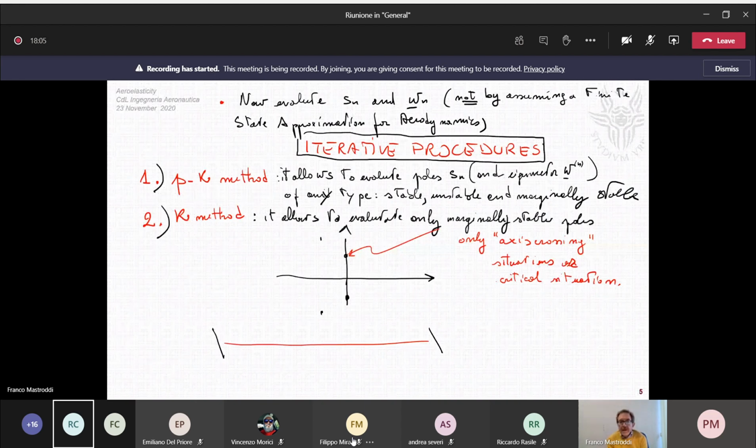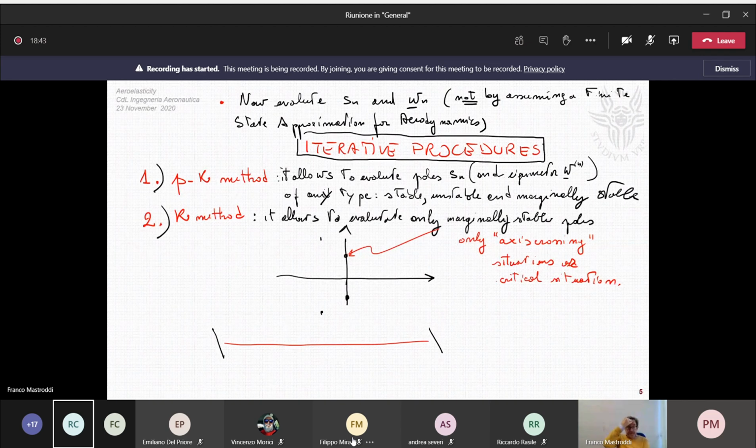And by using the PK method, one is able to evaluate all the poles of the system whenever one has fixed the flight parameters, like the density, the velocity U infinite, and the Mach number. Up to now, we developed a theory for incompressible flow, and therefore the Mach number is not at the moment a parameter.